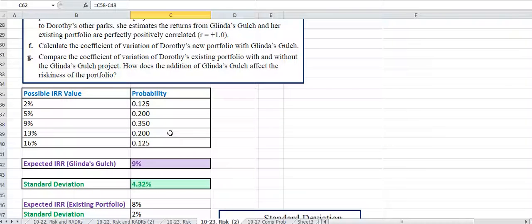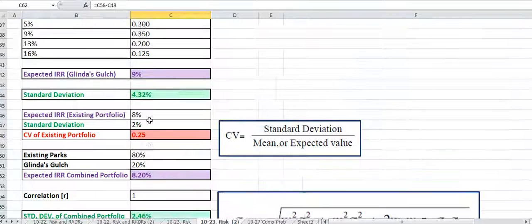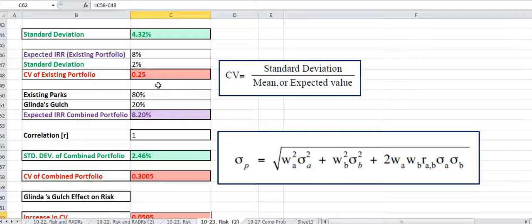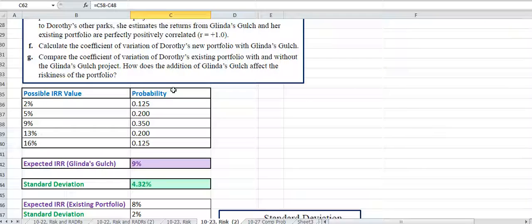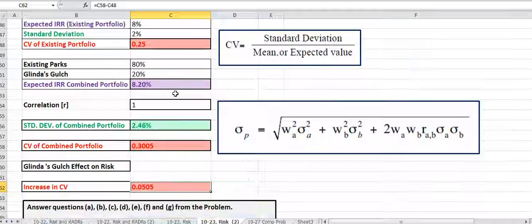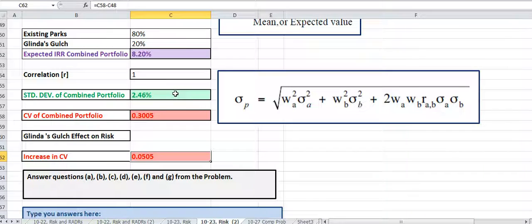Now what we're doing, sorry, is we're comparing the coefficient of variation of the existing portfolio, which is right here, 0.25, with the combined, and we're just comparing it, and we're going to see that the CV, or coefficient of variation, is slightly higher, which means that by adding this project, we're going to slightly increase our risk.